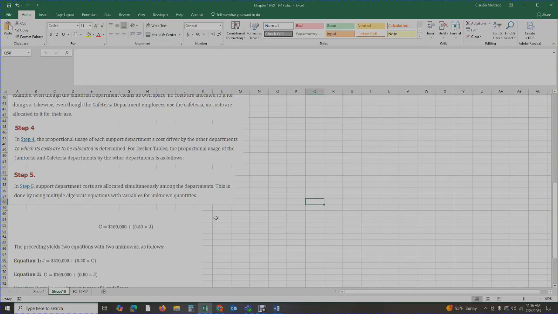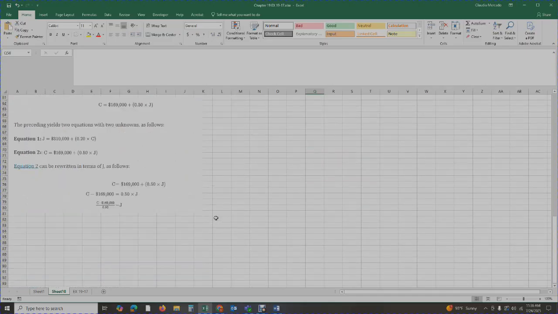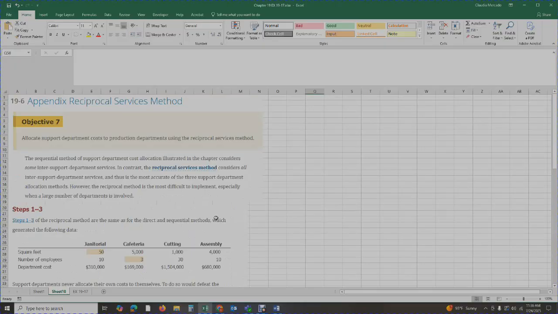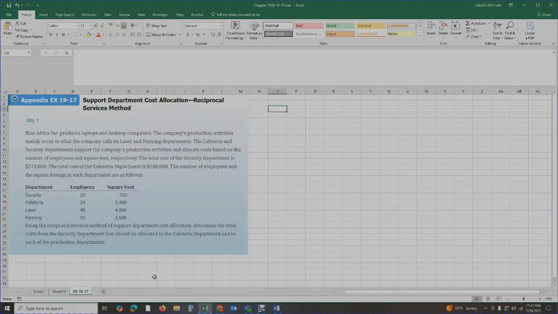And this is done by using algebraic equations with variables for unknown quantities. And they give you an example of how to run those algebraic equations, okay? So make sure that you do read through all that section carefully. This is just a snapshot of the appendix. Make sure that you do read it in full before you begin working on your homework.